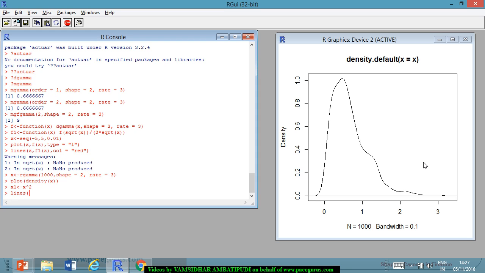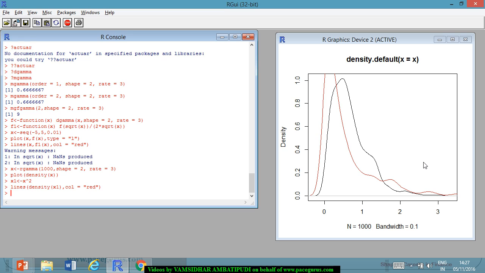Now I want to plot the lines wherein I'm talking of the density of x1, with color equal to red. So this is from the actual data. This is how the density is coming out. If I'm taking random numbers altogether, this is how my graph is coming out for the gamma of x as well as the gamma of x squared.